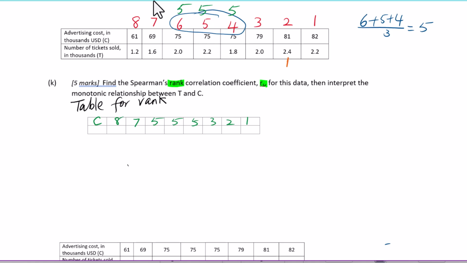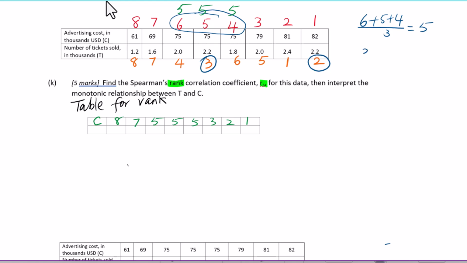2.4 is 1. 2.2, 2, 3. 2.0, 4, 5. 1.8, 6. 7, 8. Then check the ranks with the same data. 2.2, 2.2.